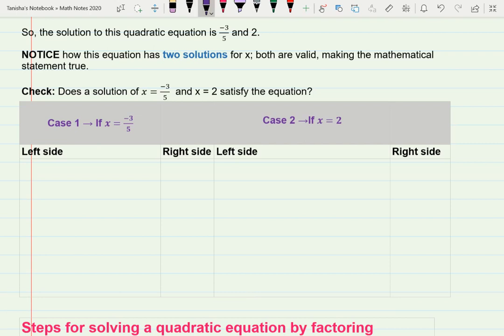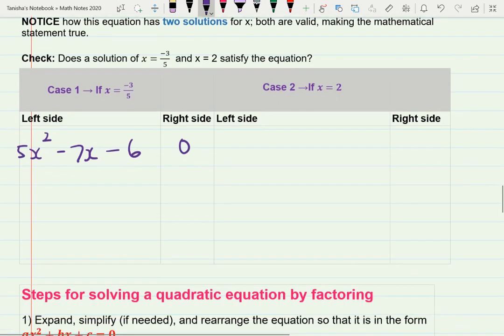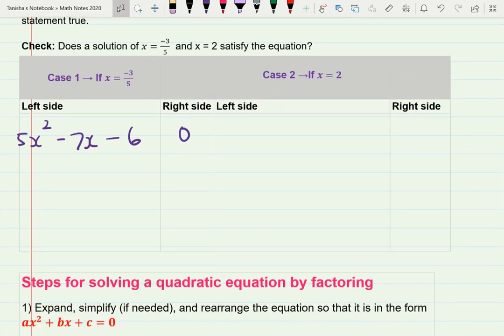So remember, our original equation was 5x squared minus 7x minus 6, and on the right side of our equation, we had equals 0. Substituting in x equals -3/5 into this expression, we get 5 times (-3/5) squared minus 7 times (-3/5) minus 6.